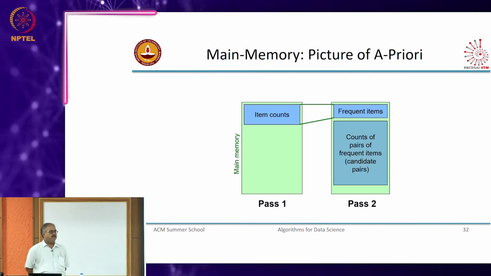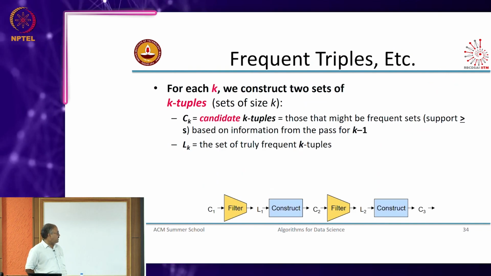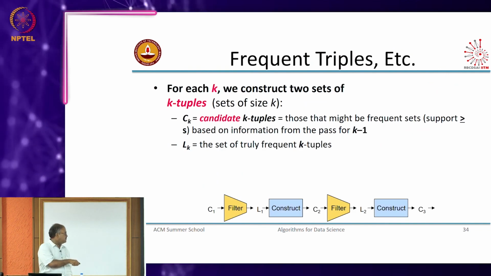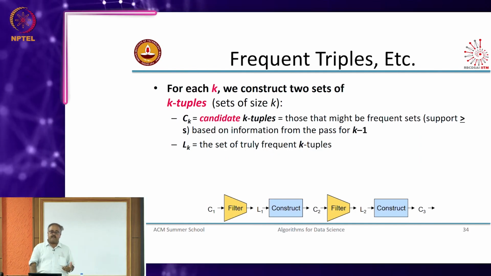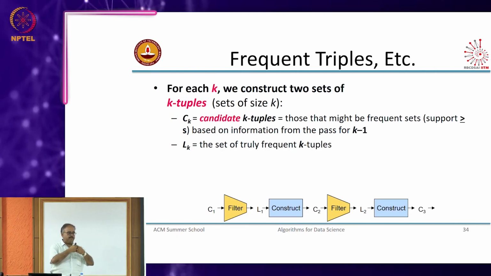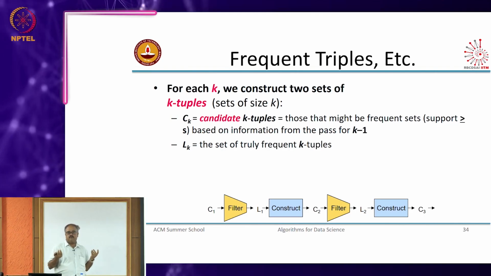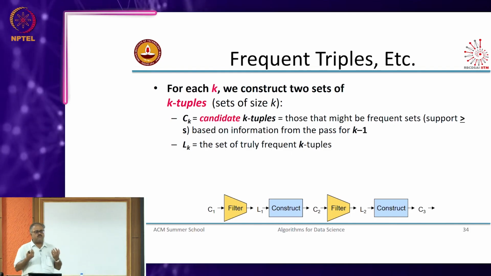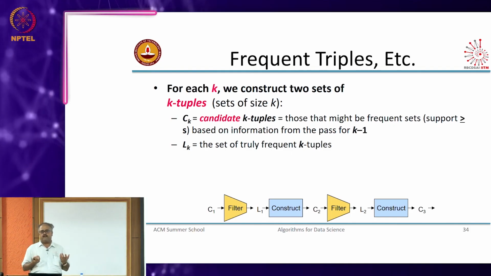Remember what we do here: we have generated L1, and our C2, which we are counting in pass 2 of Apriori, is literally all pairs from L1. So it's n choose 2 in L1.